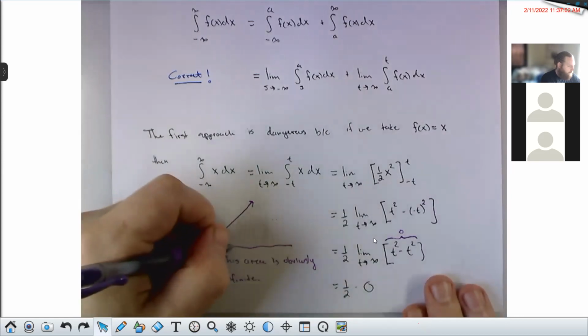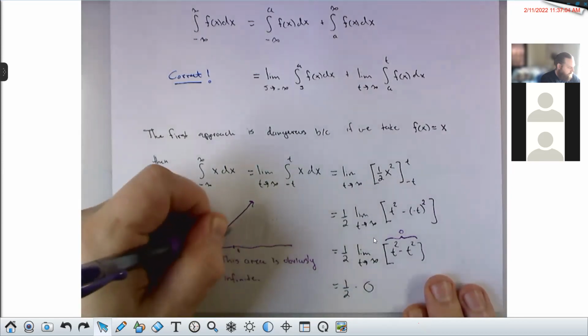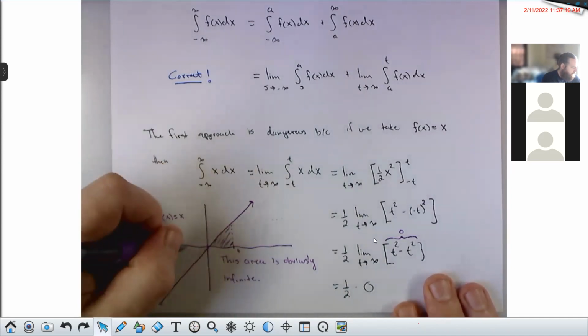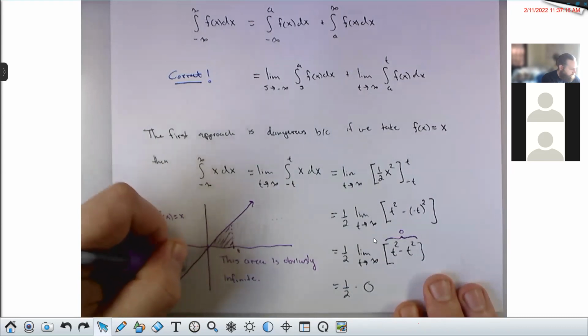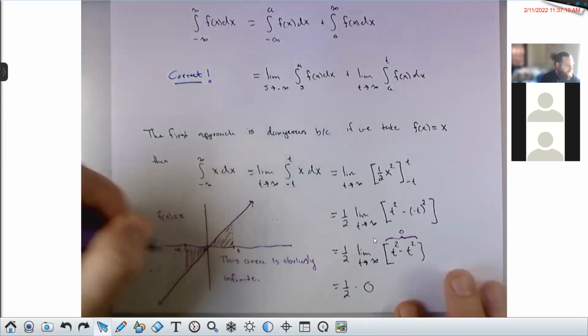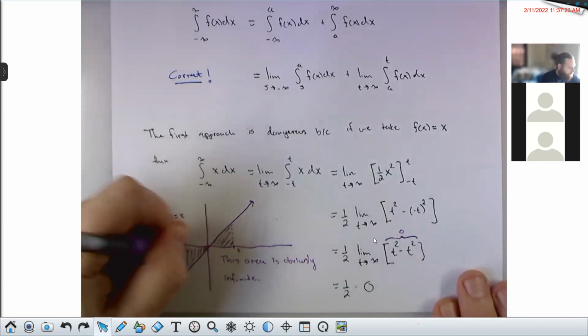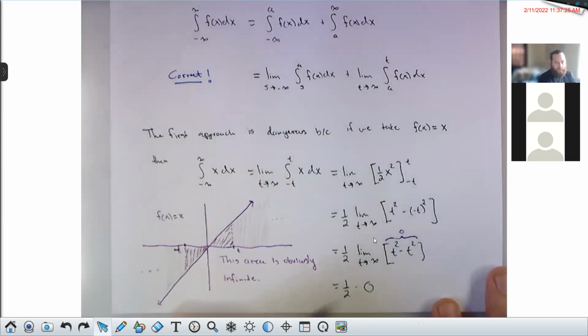Like I put t here, I'll put negative t here. And as these two triangles expand outward, they cancel perfectly, which leads to us getting this 0, right?